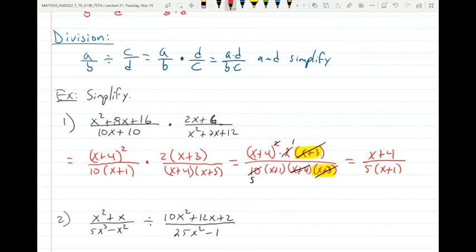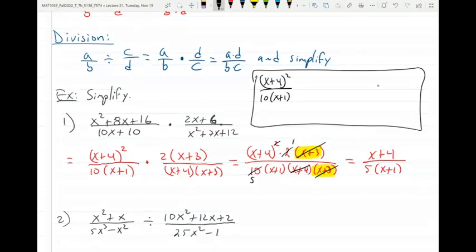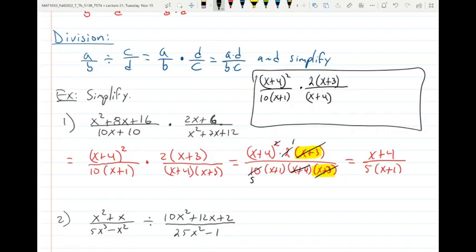Okay? So just to illustrate what I mean, let me rewrite this. Typically what happens is that we cancel at this stage, just because anything that is in the top, on any of the two expressions, will be the top of the new one, and what's in the bottom will be the bottom of the new one.